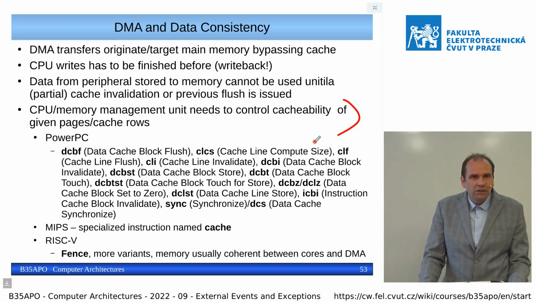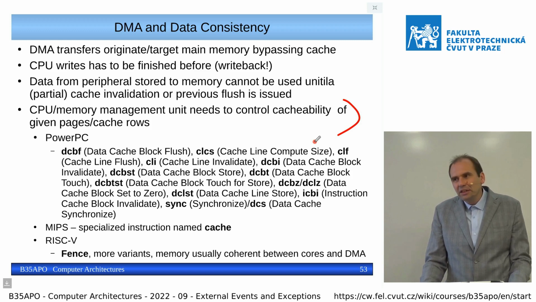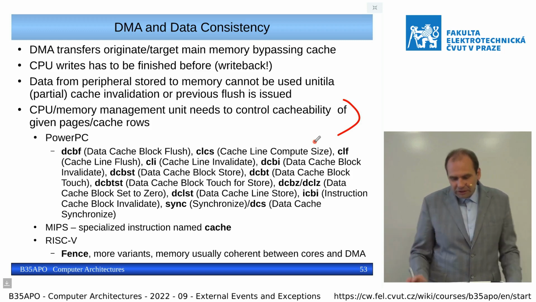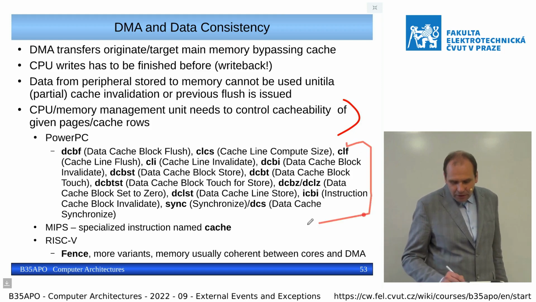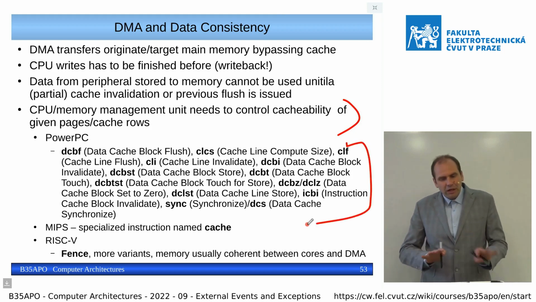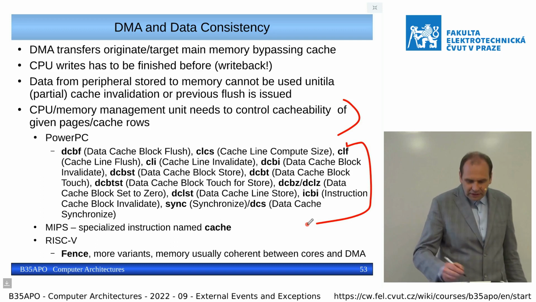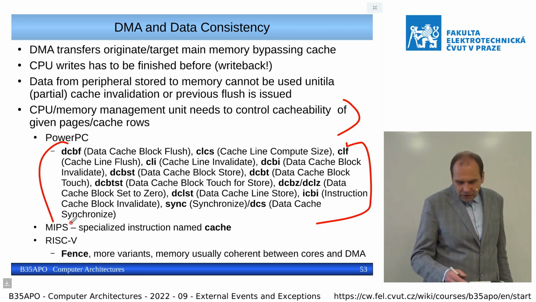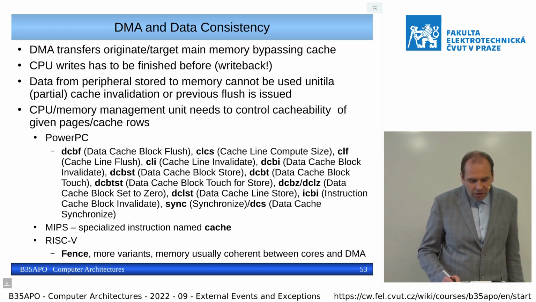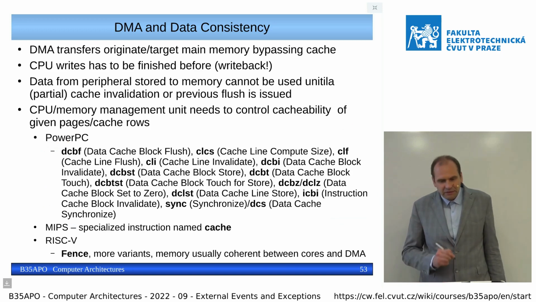So you need to ensure at the operating system level that you flush the caches before the memory location is accessed from the peripherals and so on. For example, on PowerPC, there is a set of different operations which allow you to flush and maintain the state between the main memory and cache. You see this set of some 15 operations at least. On the ARM, there is quite a large set as well.